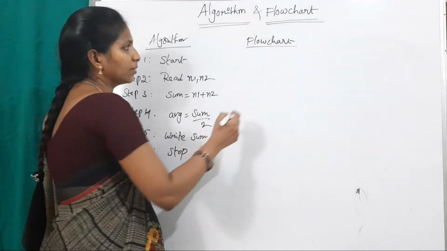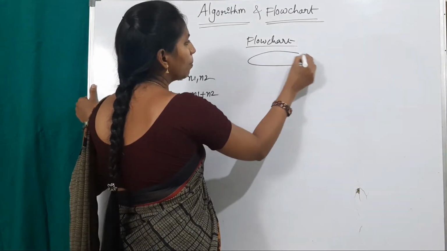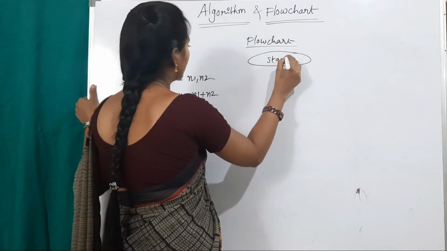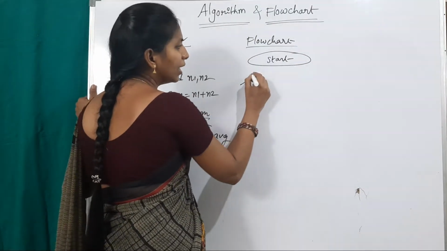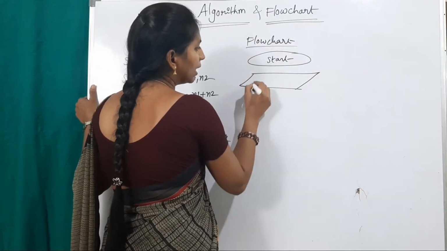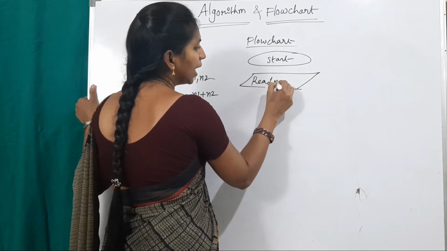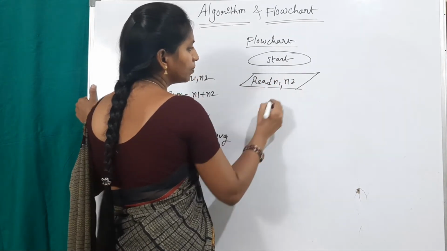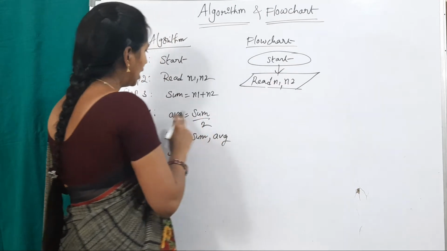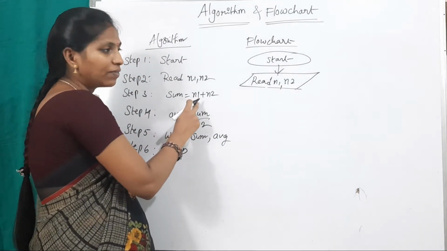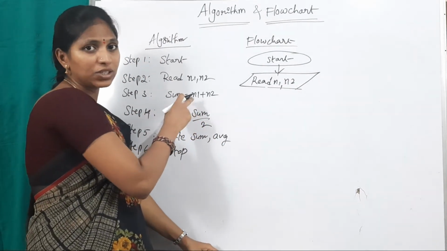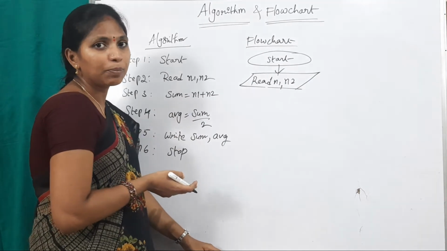Now see the flow chart. Start and stop, ellipse. Read N1 and N2, parallelogram. Read N1, N2, arrow. And next, sum equal to N1 plus N2, which is a calculation part. Calculation is nothing but processing.